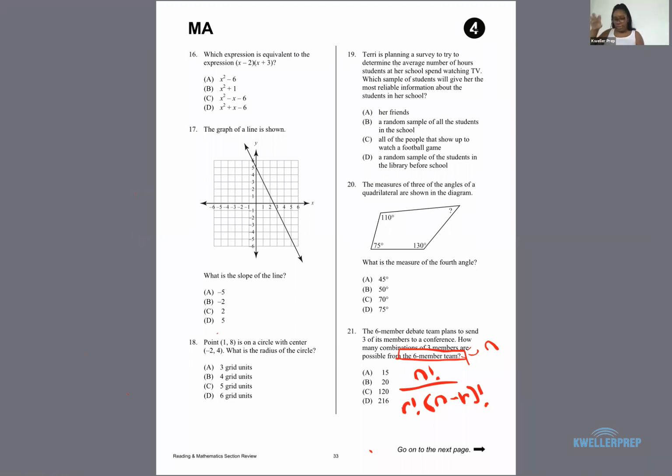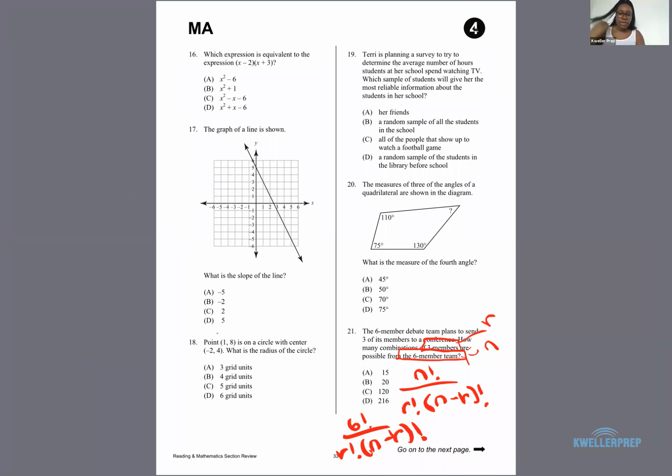And you're picking 3 members, so the 3 is your r value. Then you just plug them into the equation and get 6 factorial over r factorial times n minus r factorial.